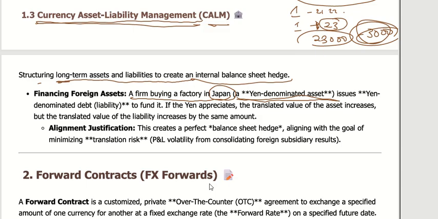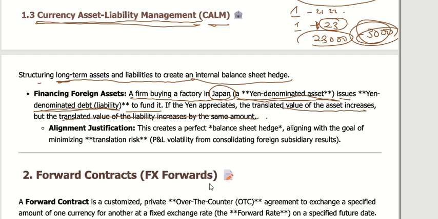So because of this, you decide that for me to buy this, I am going to issue a yen denominated debt or liability, or even a bond, so that you fund this. So this means that if the yen appreciates, then it will translate into the value of the asset appreciating, but also the value of your liability increasing at the same time.